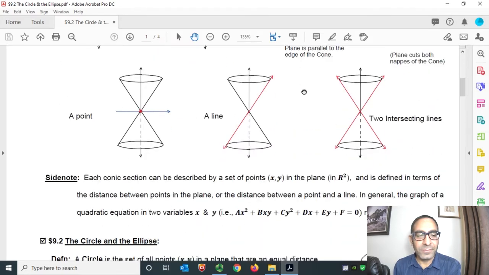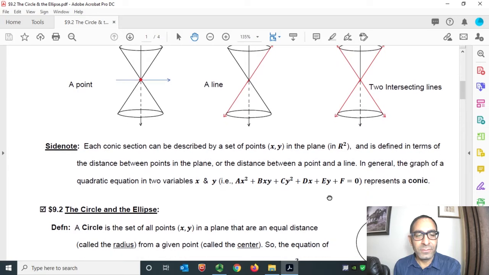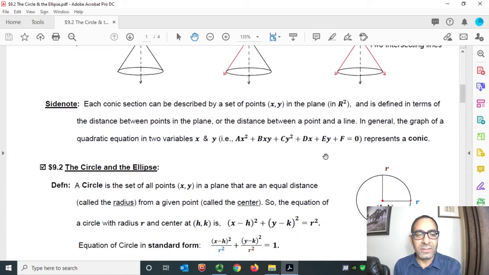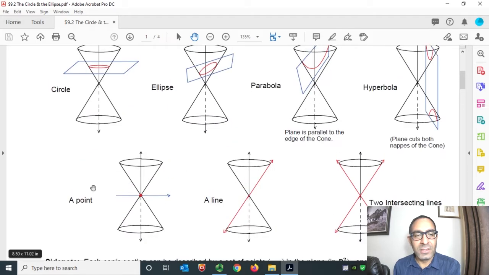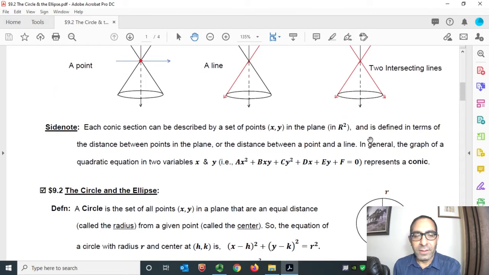So next, quick side note, each conic section can be described by a set of points in the plane. Since all of these conic sections are 2 dimensional geometric figures, we describe them using ordered pairs in the plane. And the conic section is defined in terms of the distance between points in the plane or the distance between a point and a line.